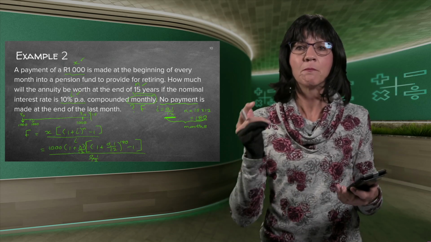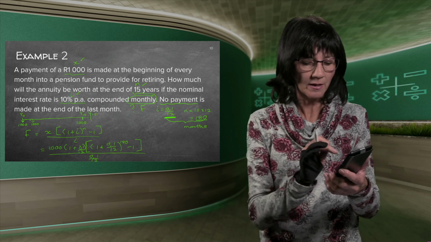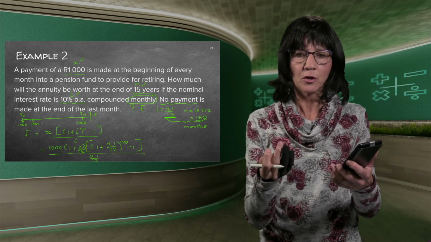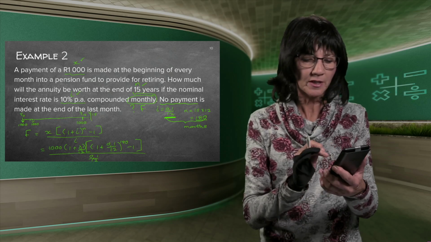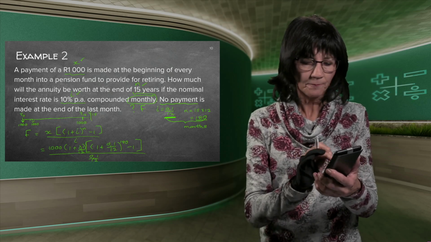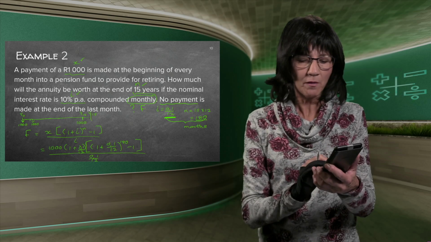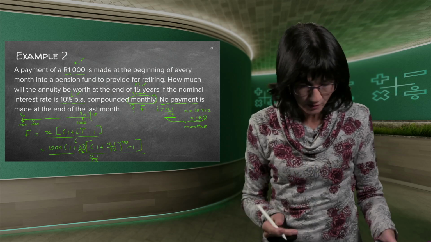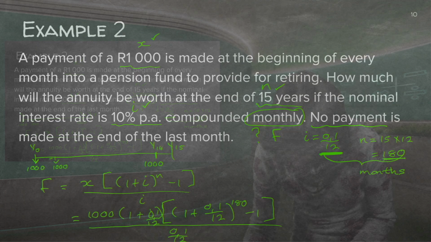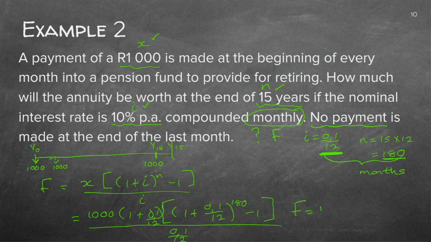If it says error, mostly it's because you left out a bracket. Then you go to the bottom. The bottom is just a normal fraction. You slot in that fraction, 0.1 over 12, and you press your equal sign. And that gives you F is equal to rands 417,924 rand and 27 cents.